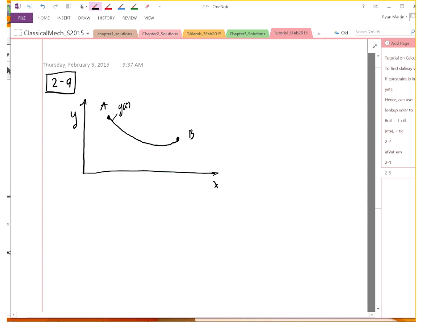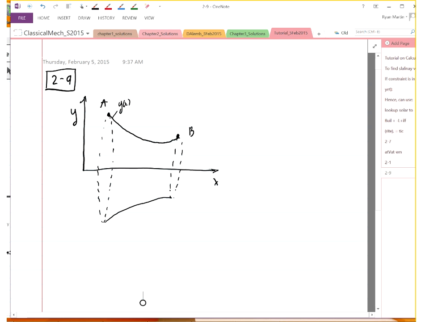And we want to find the shape of the curve such that when we create a surface of revolution about the x-axis, okay, so we want the shape of y of x such that the surface of this weird-looking thing is minimal.